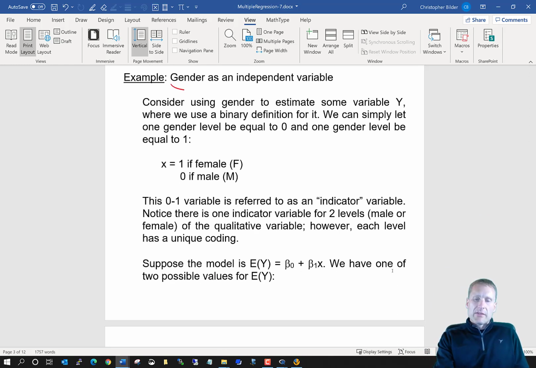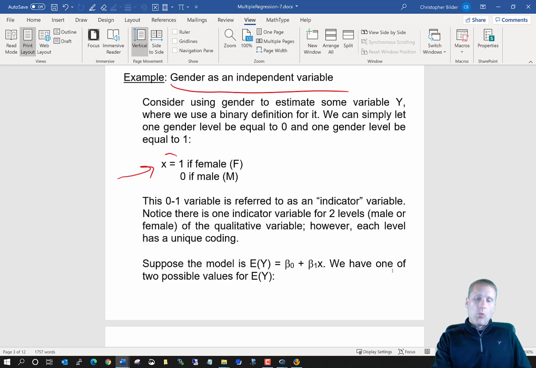Here's an example of how to include this in a model. So let's consider gender as an independent variable. And here we're just going to use the traditional definition of gender, where we have male and female. So what we can do to get gender into a regression model as a variable, let x equal, let's say, 1 for female, 0 for male.